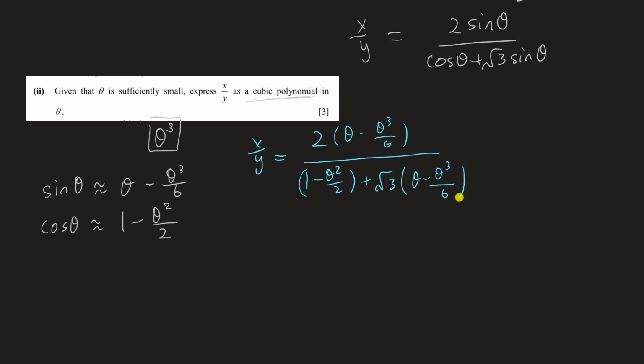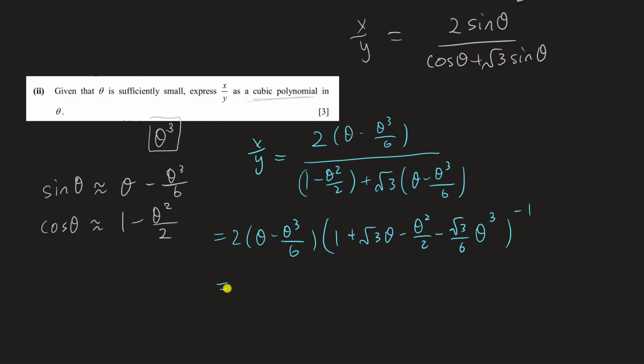Let's clean this up and turn this into a non-fraction. We should get 2 times theta minus theta cube over 6, multiplied by 1 plus root 3 theta minus theta square over 2 minus root 3 over 6 theta cube, to the power of negative 1.